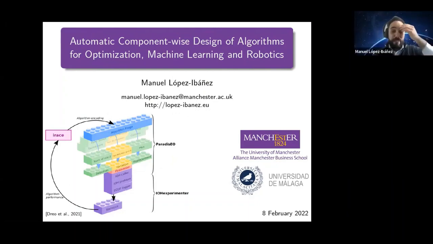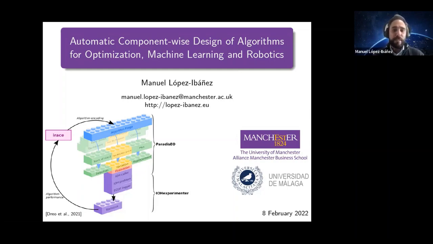So like Magnus said, my name is Manuel López-Ibáñez. I'm a senior lecturer at the University of Manchester and also a senior distinguished researcher at the University of Malaga in Spain. I'm going to talk about how we can automatically design algorithms as a general approach.